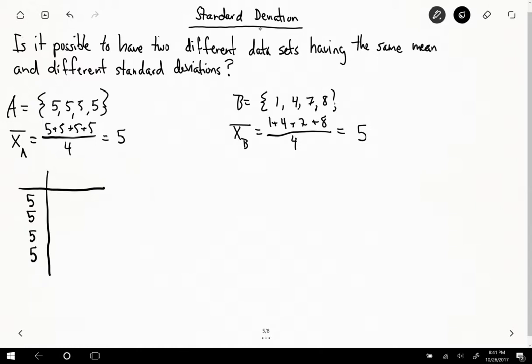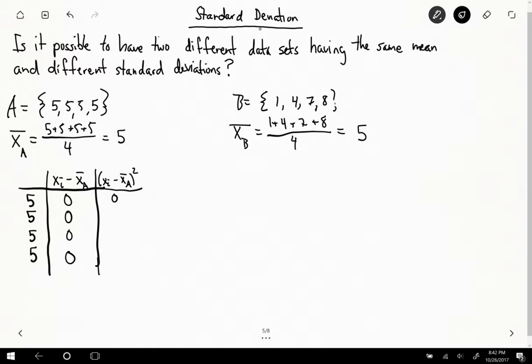And then the way we write this is xi minus x bar. In this case it's not going to be too hard, since this value is 5 every time. You're going to get 0, 0, 0, 0. And then what we're going to do is square that for each case.